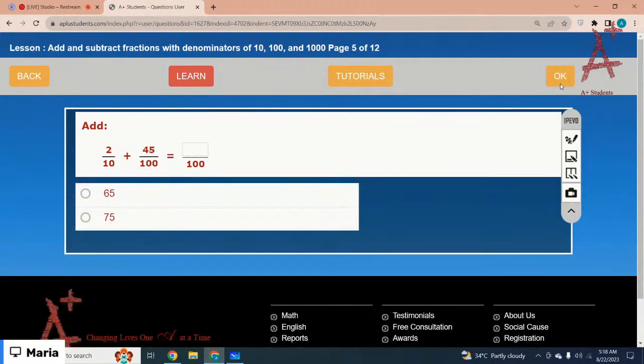Okay, 2 over 10 plus 45 over 100. So, which is the correct option? 65 or 75?